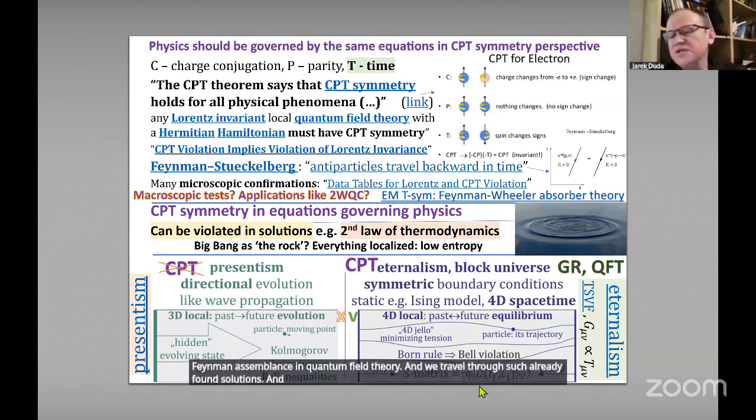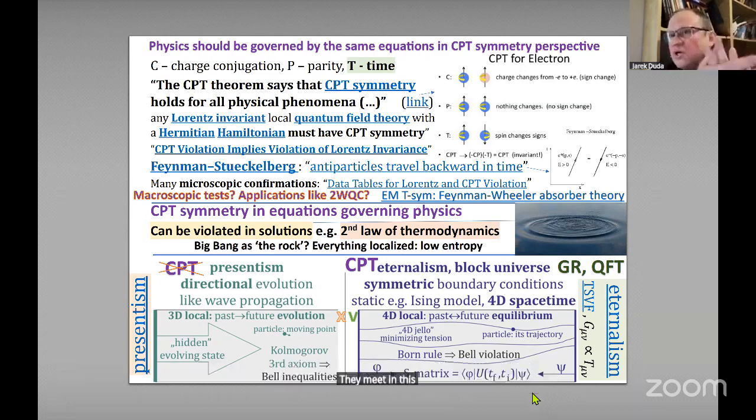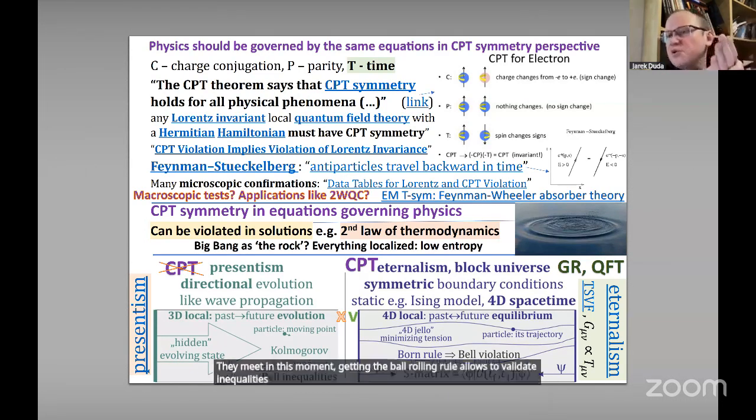For example, in this S matrix we have two amplitudes, one from a propagator from minus infinity, the second from plus infinity. They meet in this moment, getting the Born rule. The Born rule allows inequalities which are intuitive for now, but physics is fundamentally symmetric, like in this S matrix, leading to very non-intuitive consequences.